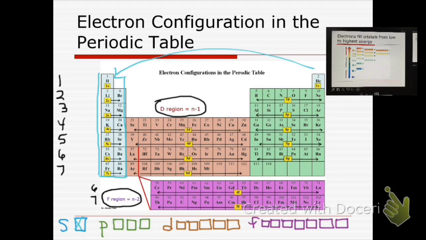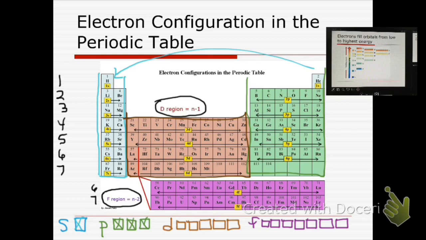For the P region of the table, we have 3 shapes shown down here, so that would be a maximum of 6 electrons. This green portion of the table is the P section. It is 6 columns wide. Similarly, when we have D-shaped orbitals, we have 5 of those orbitals, so that would hold a maximum of 10. Our transition part of the table, if you count that, is 10 columns wide.